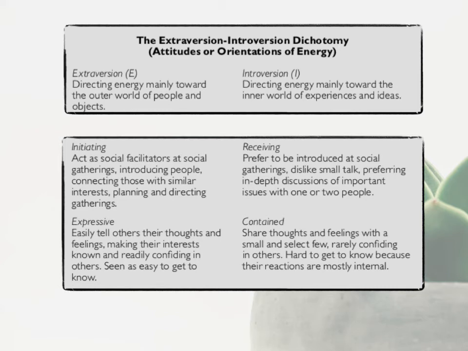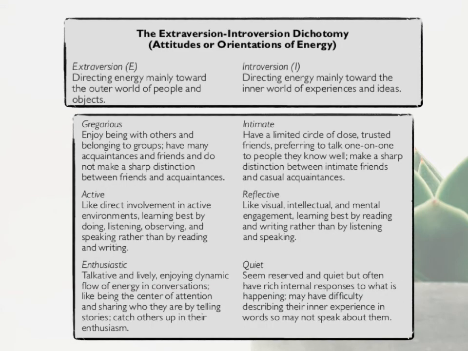For extroversion, you have initiating and expressive. For introversion, you have receiving, contained. For extroversion, you also have gregarious, active, enthusiastic. And for introversion, you have intimate, reflective, and quiet. Don't worry, there will be materials provided for you to read in detail for these different theories.